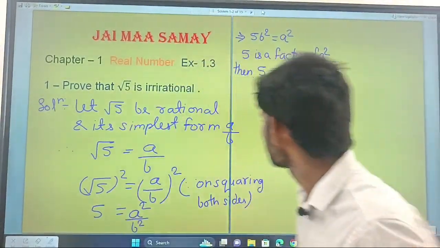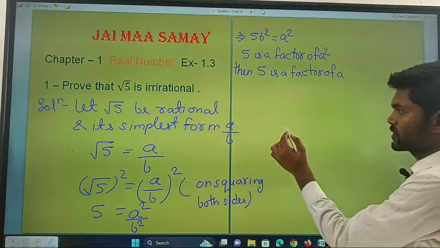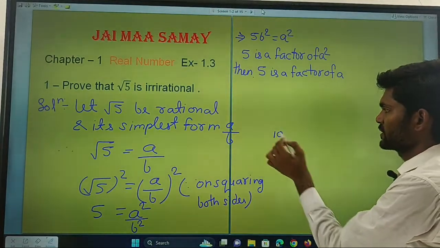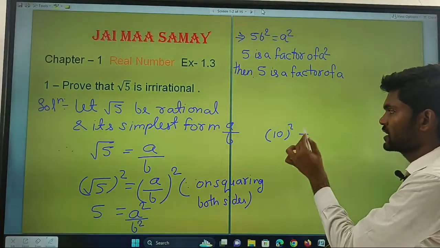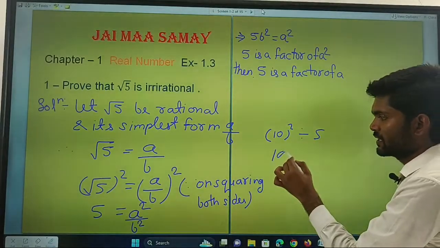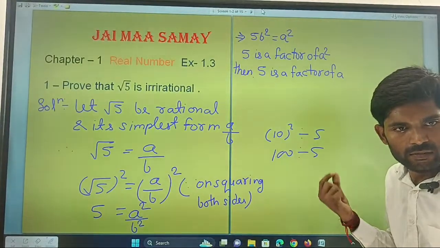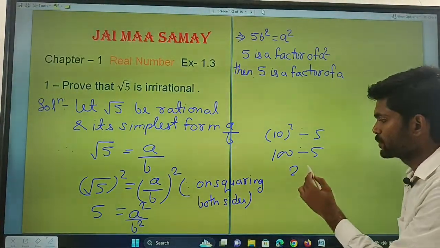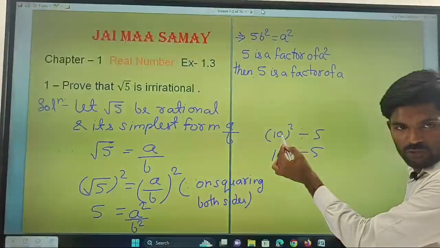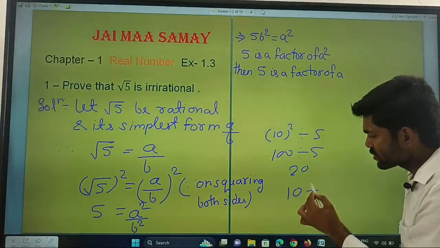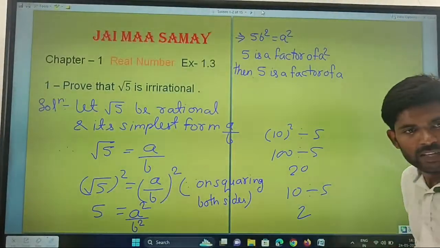Means understand. Suppose that A is 10. 10 square means 100. Is 100 divisible by 5 or not? How many times? 20. So suppose this is your A, 10 is also divisible by 5. Clear?